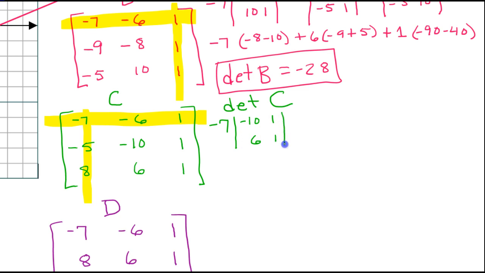That's the minor. Now, the next cofactor is negative 6. In the middle of the top row, I need to change the sign, so I'm going to put plus 6. And then the minor determinant is negative 5, 1, 8, 1.